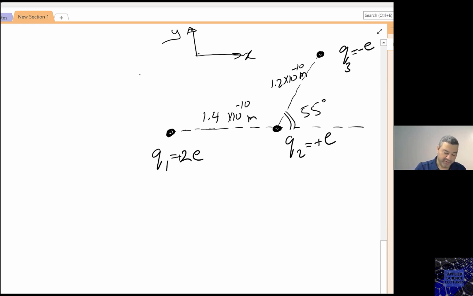So I have here positive 2e. If I assume this one to be red, and I can see that both of them are positive, then this force is a repulsive force. I will write it as F1.